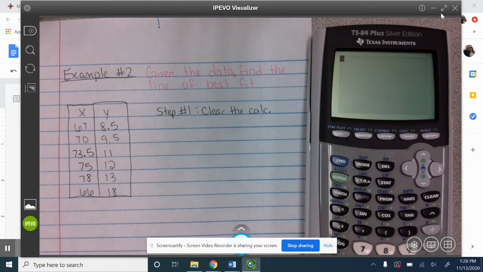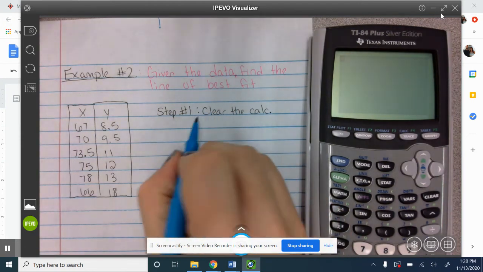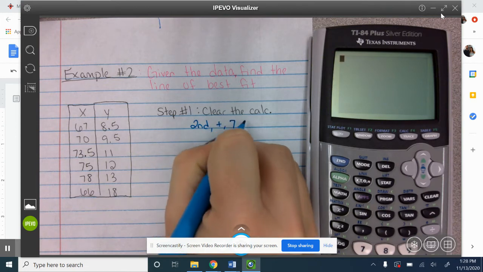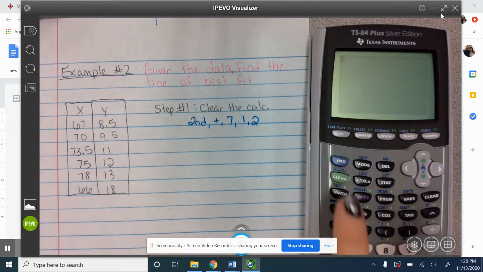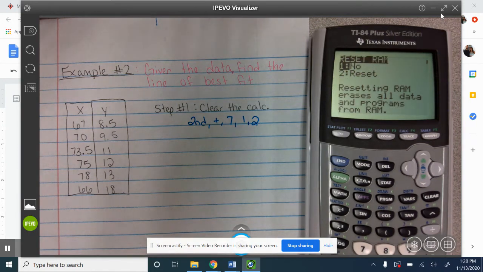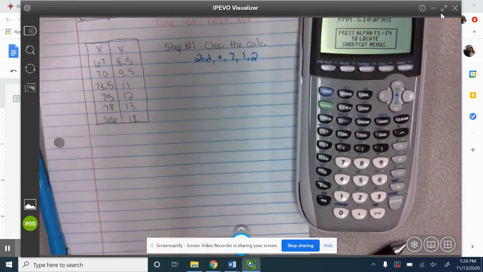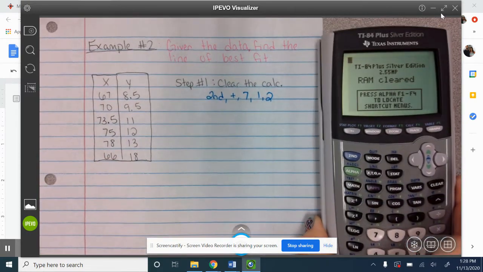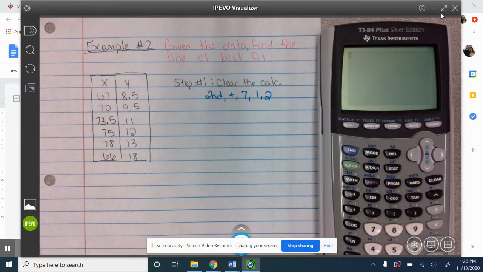To clear the calculator we use at school, we're going to hit second, the plus sign, 7, 1, 2. So second plus 7, 1, 2. And it will tell me that all of the RAM has been cleared. So then I can just clear that screen.